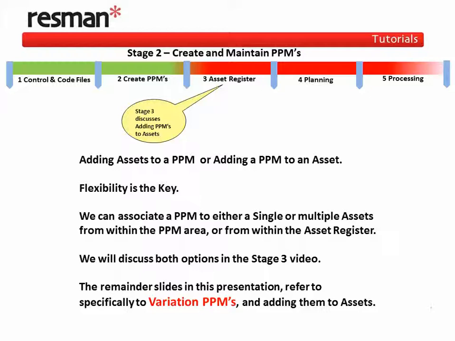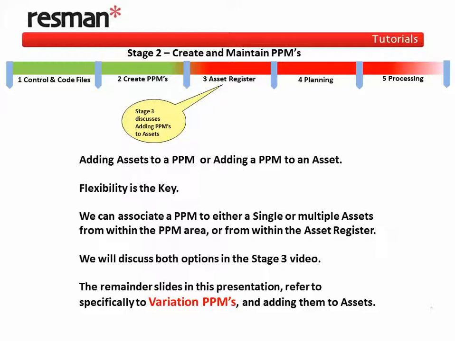Clearly, our PPMs will not create jobs until we associate them with an asset. Fortunately, ResMan's extremely flexible in our options here, and we can add assets to a PPM while here in the work processing PPM section, or alternatively, we can add a PPM to assets from within an asset record.